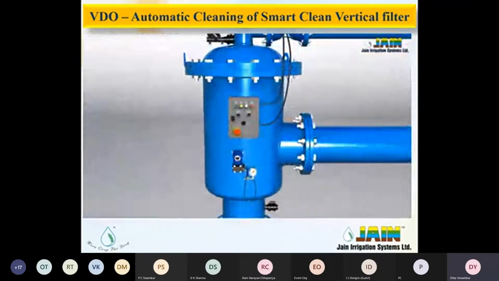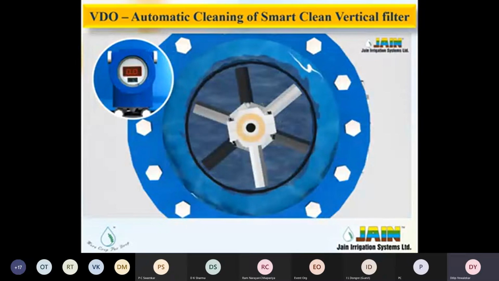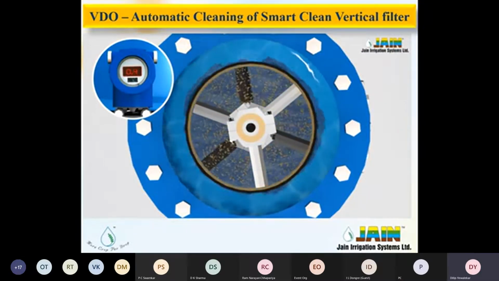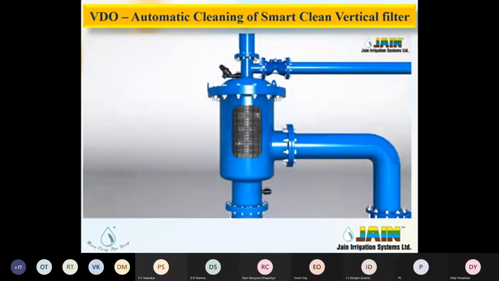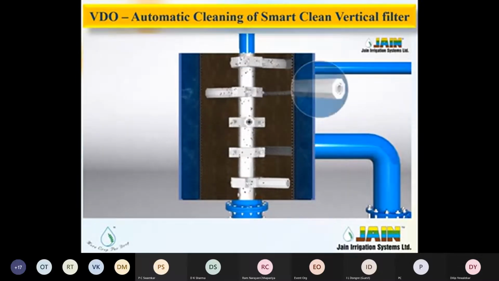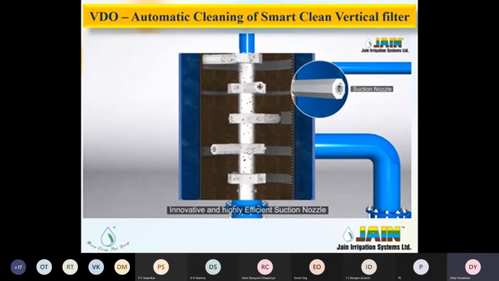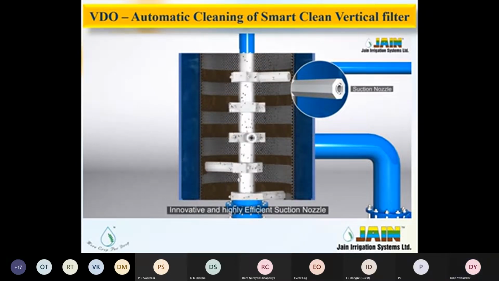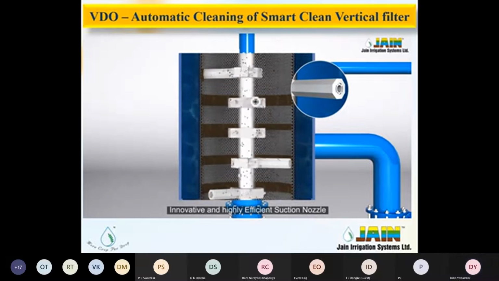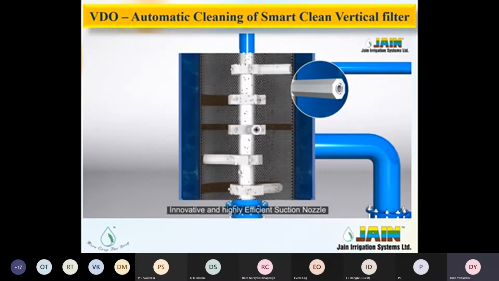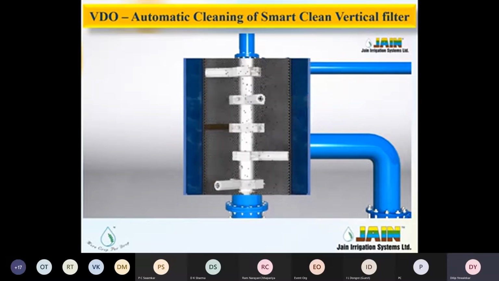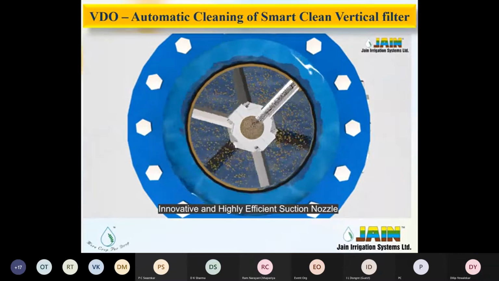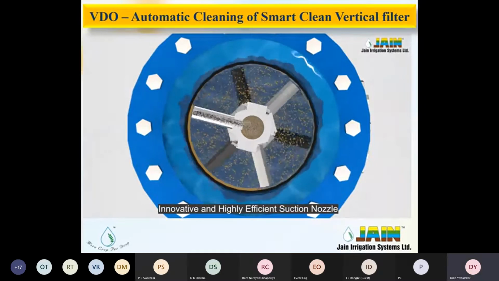How is the cleaning done? With the self pressure, the cleaning of this filtration system is done. The electric motor located at the top rotates the nozzle inside the filter, and the nozzle sucks the dirt from the screen surface and throws it out through the flushing pipe.